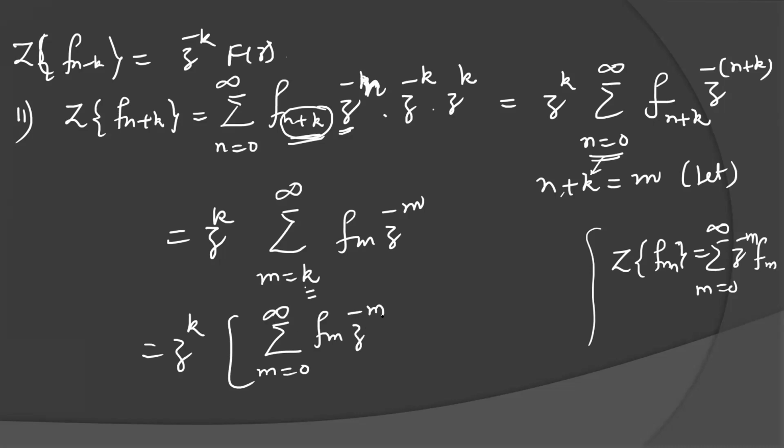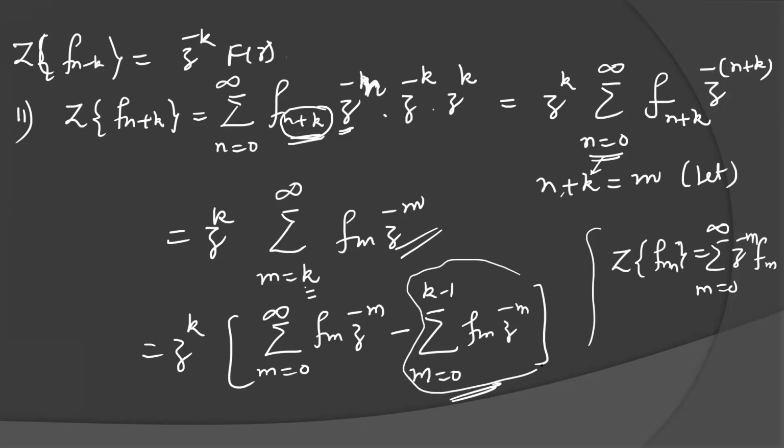For starting from 0, we have to subtract the term 0 to k minus 1, f(m) z to the power minus m. If you expand this 0 to k minus 1 term, these terms will be cancelled out with this factor, and from k onwards you will get the same expression. So we have added this term and subtracted this term, and the added term is adjusted here with k to infinity.